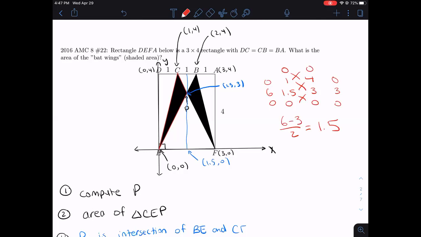And the answer we get for now is 1.5. So it's easy just to stop here and say the answer is 1.5. But we notice that it says the shaded area. And that's 2 triangles. So we do 1.5 times 2 is 3. And that's the answer. And yes, people said that a lot before, but I'm pretty sure they searched it up.